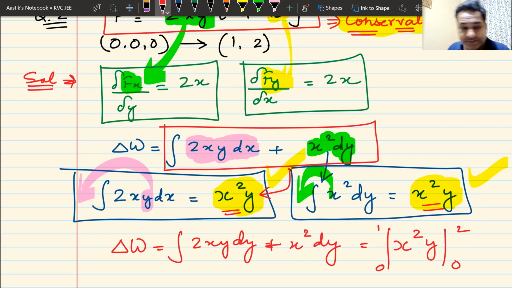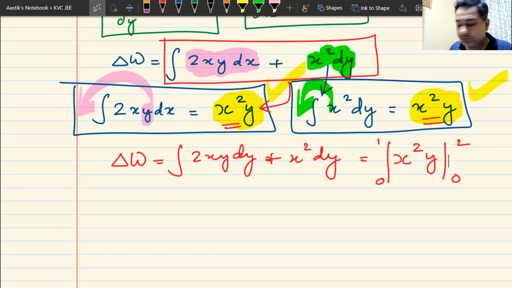How do I put the limits? I have to put both the limits together. So initially, I will put the value of x as 1 and y as 2. X as 1, 1 squared is 1. 1 squared multiplied by 2 is 2.